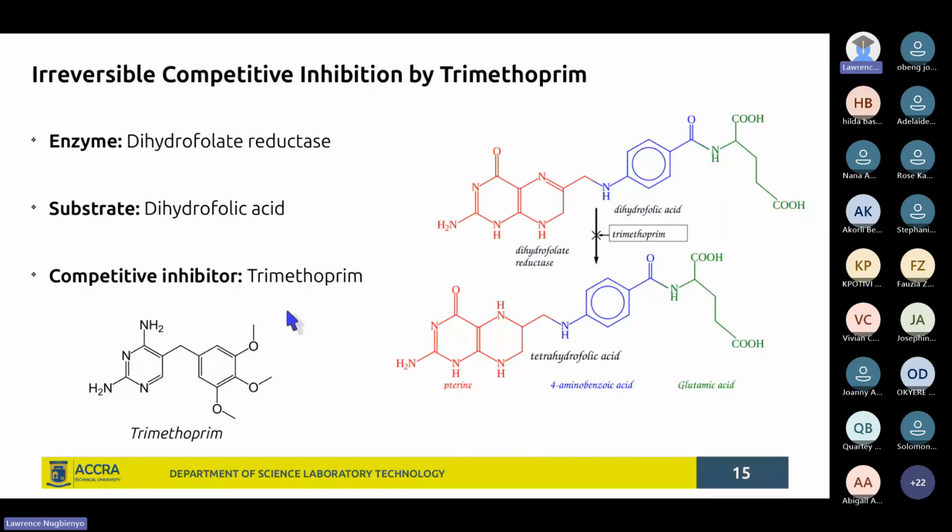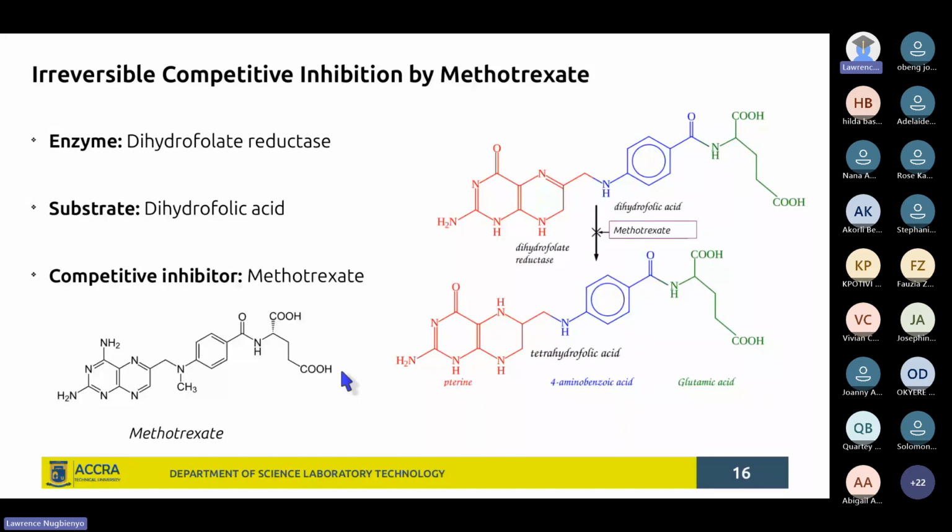I think it's one of these antibiotics which is used in some urinary infections and some others. Let's take a look at another one, which is much more specific. Methotrexate. Methotrexate is used even in chemotherapy.